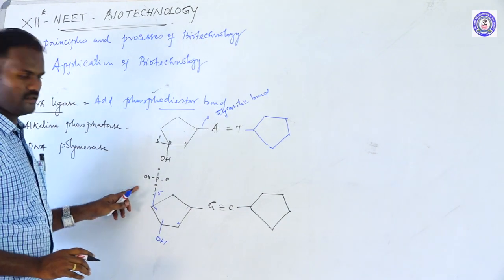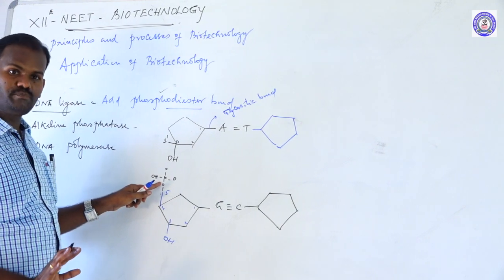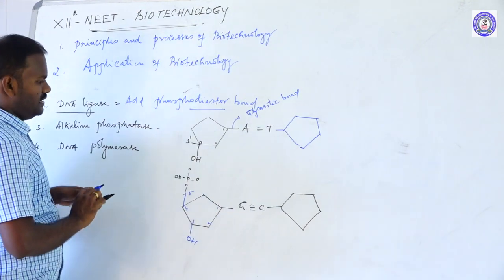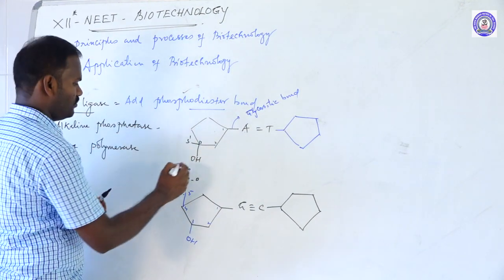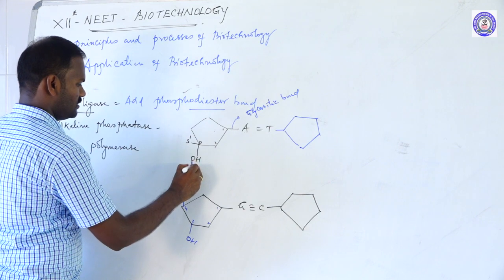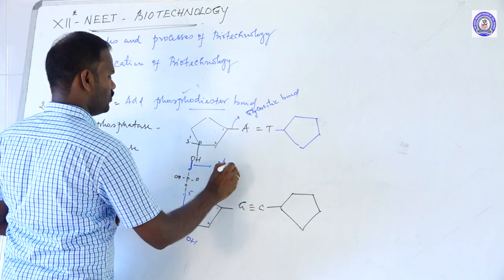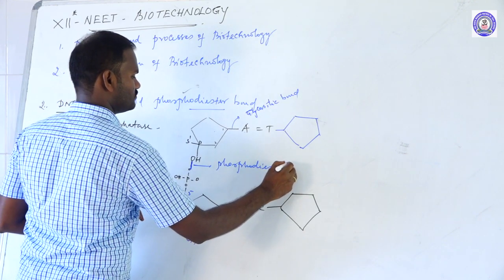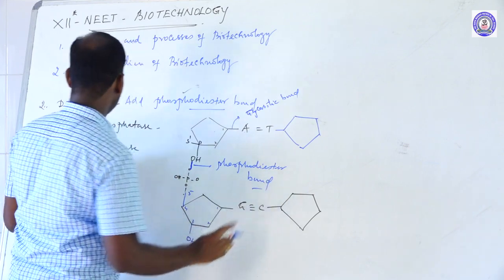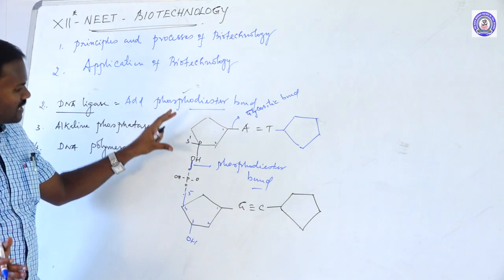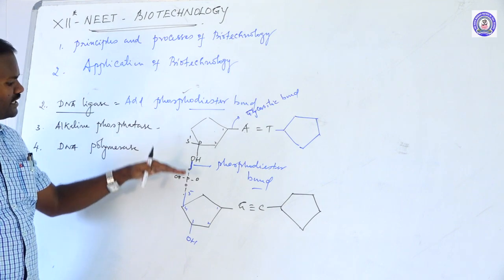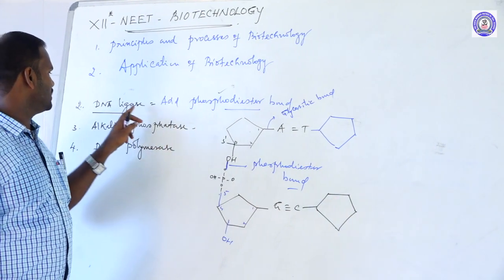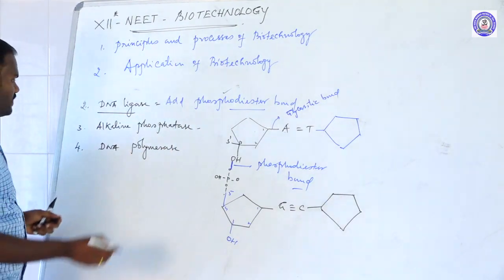The third carbon ends with the OH group. Joining of these two fragments by forming a bond is called a phosphodiester bond. So, what are the functions of DNA ligase? It joins two nucleotide sequences by forming a phosphodiester bond. This is the major function of DNA ligase.